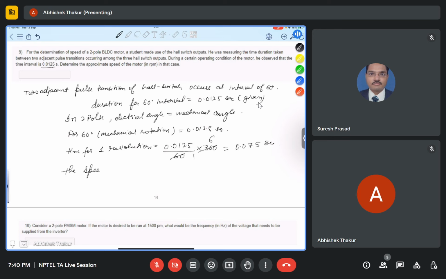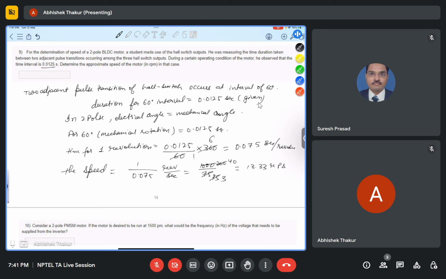The speed is then 1 divided by 0.075 revolutions per second, that is 1000 by 75, which is 13.33 rotations per second.